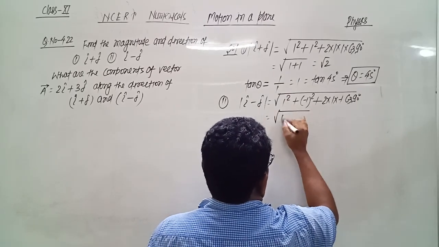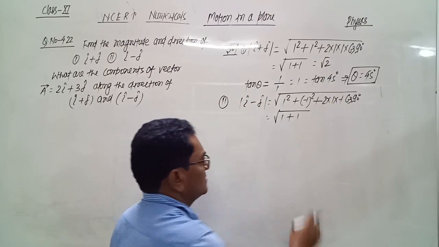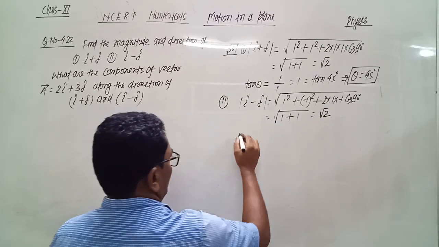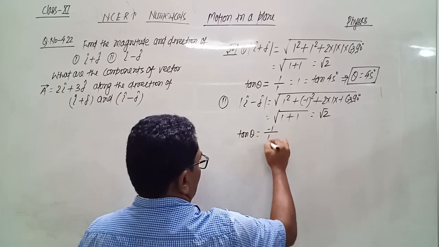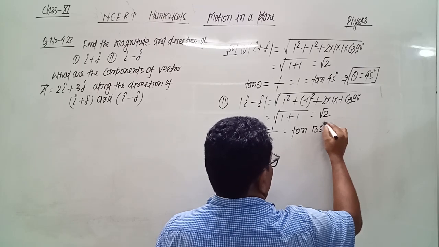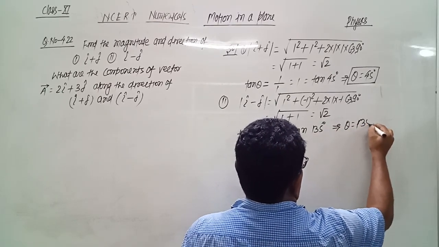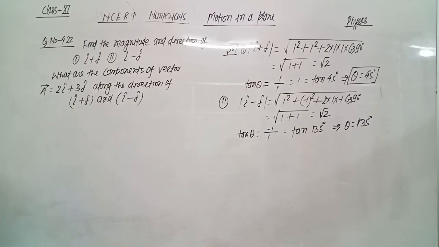So again we get root of 1 plus 1 minus 1 square, 1, cos 90 is 0, whole term becomes 0. So the magnitude remains same, root 2. But for the angle, tan theta equals coefficient of j cap, minus 1 upon 1, which is tan 135 degree. So theta equals 135 degree. So the direction of i cap minus j cap is 135 degree.